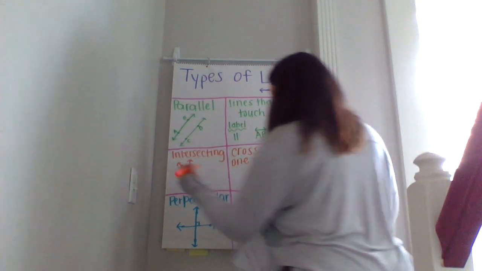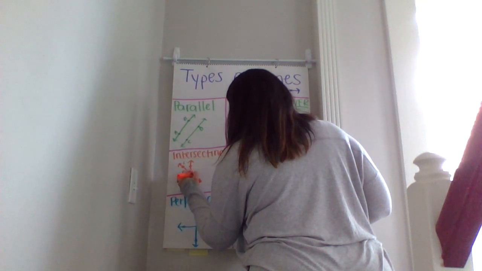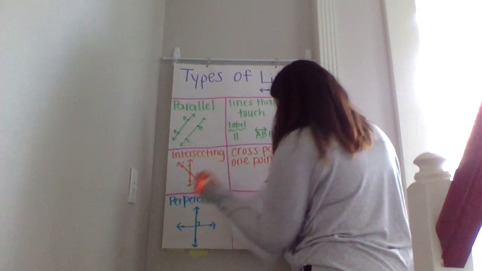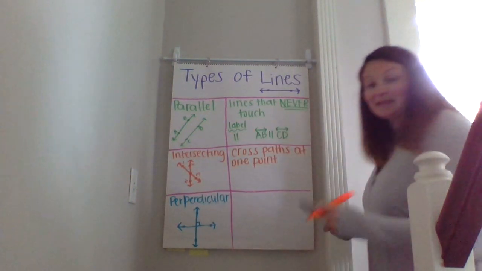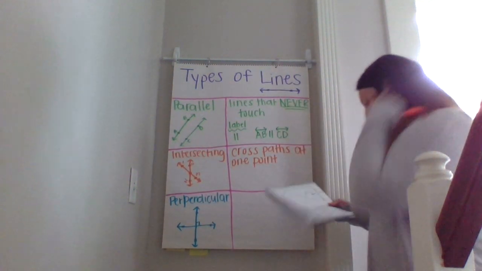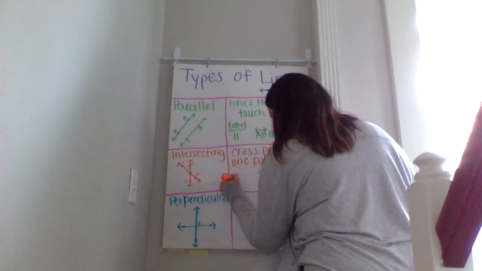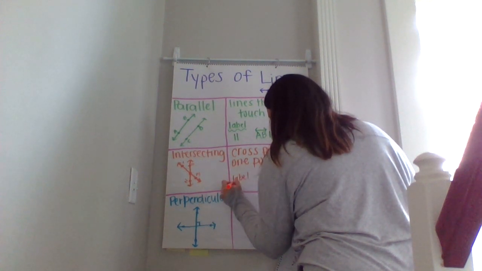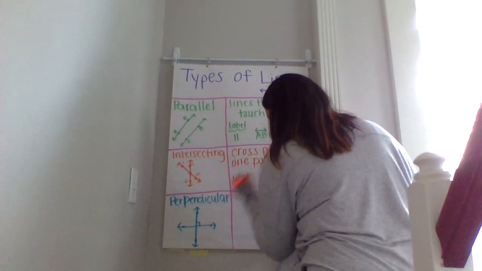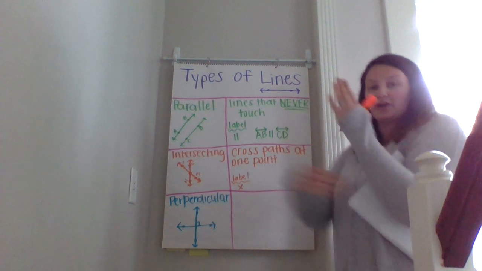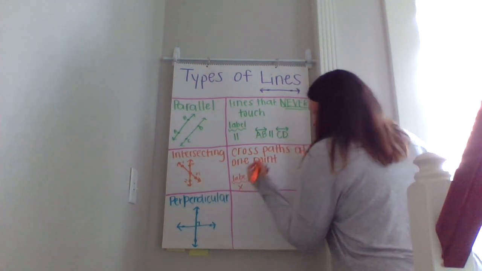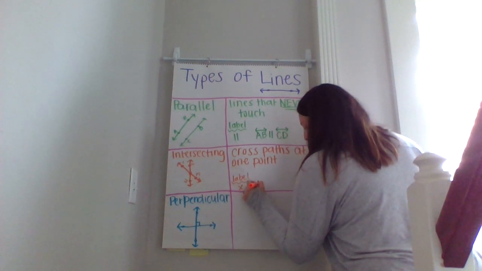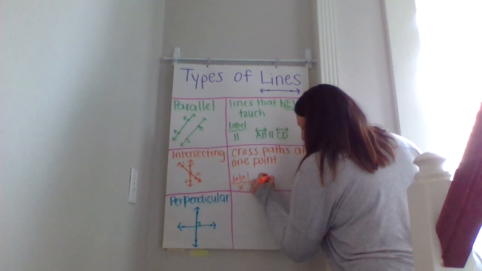Okay, so if this was line LM, and this line is NO, we can label that these are intersecting lines. So our label looks like an X, okay, where they cross, because they cross at one point. So the way that we would label this, so I'm working with line LM.